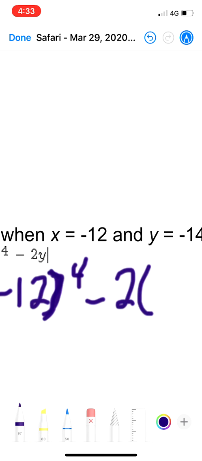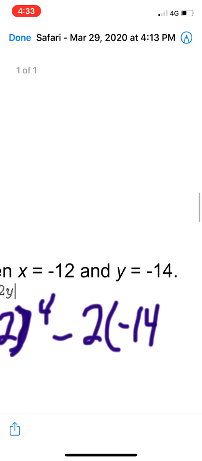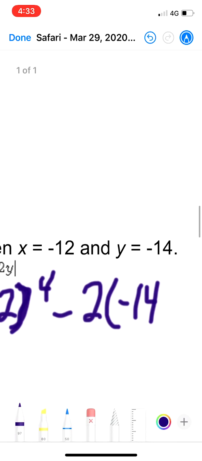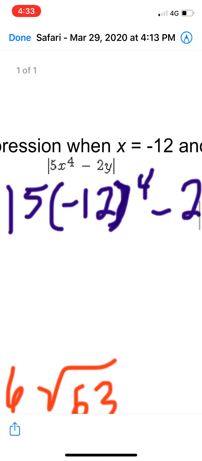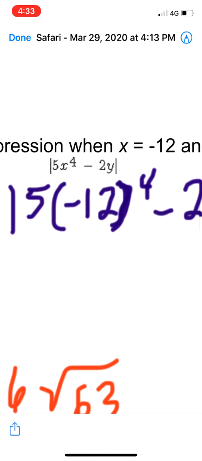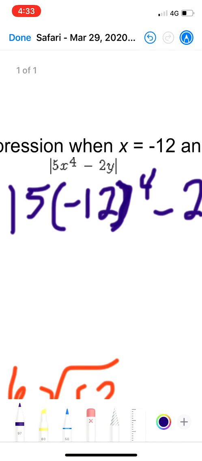Again, I'm going to put that into parentheses. Absolute value. All right, so we're working inside out. So we have 5 parentheses. So you have negative 12 to the 4th power.